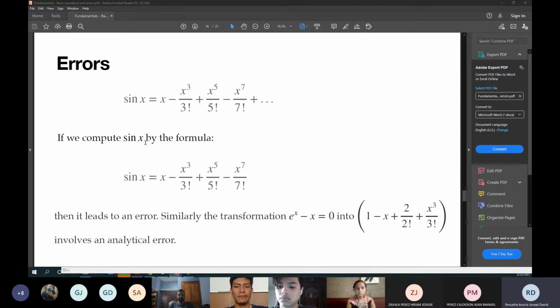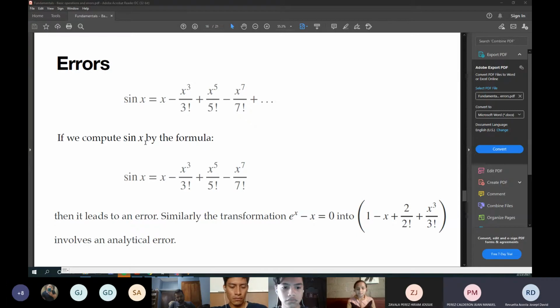Change your calculators to radians. Cambien su calculadora a radianes. So just to make sure that you are right, calculen el seno de 5, por ejemplo. ¿Cuánto les da en radianes? Menos 0.958... 58, 92, 42. Exactly.